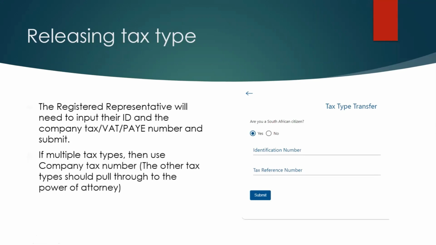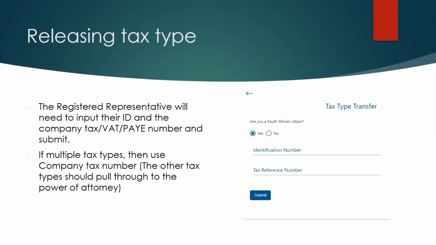So you can request across PAYE, VAT, income tax, etc. Now, if you're doing multiple requests, then we suggest using the income tax number of the company and just leave off the VAT and the PAYE, because what will happen at this point is it will bring up all the others on the power of attorney, which we'll see in the next few slides.